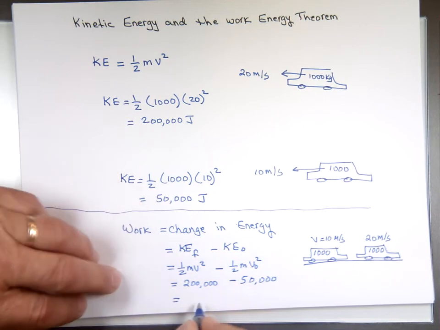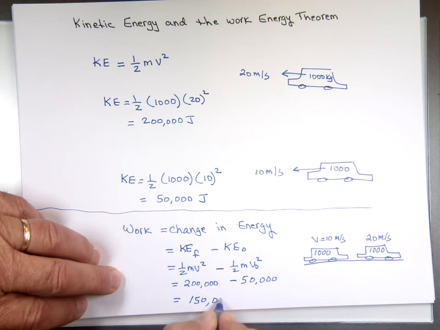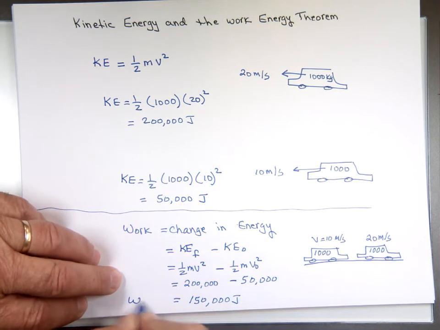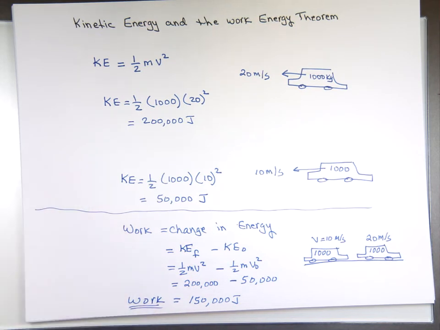So your engine had to supply 150,000 joules of energy. That's the work done by the engine of your car. So work is change in kinetic energy.